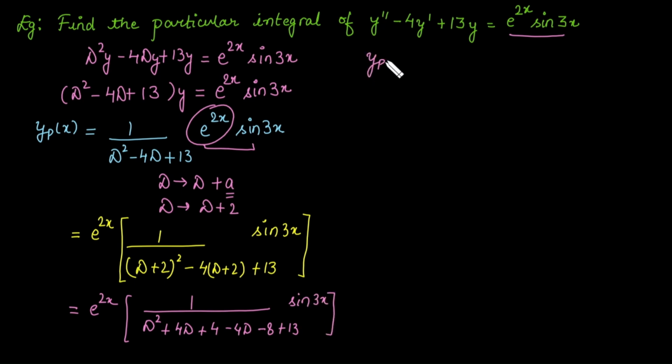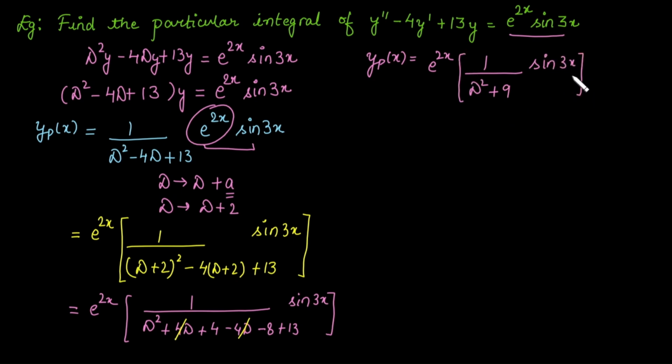So finally the particular integral is equal to e raised to power 2x, 1 upon D square plus 9, sine 3x.